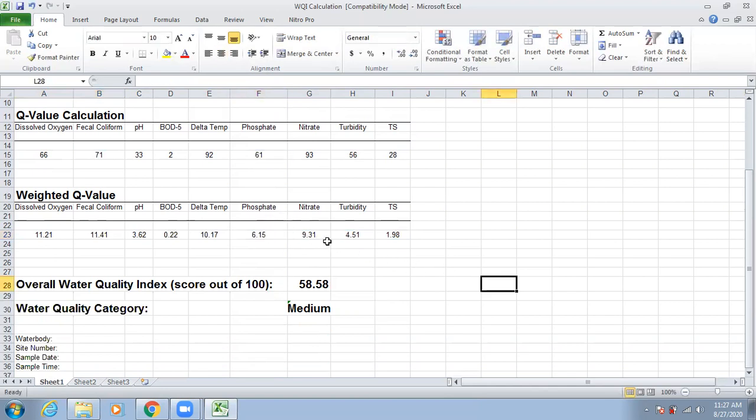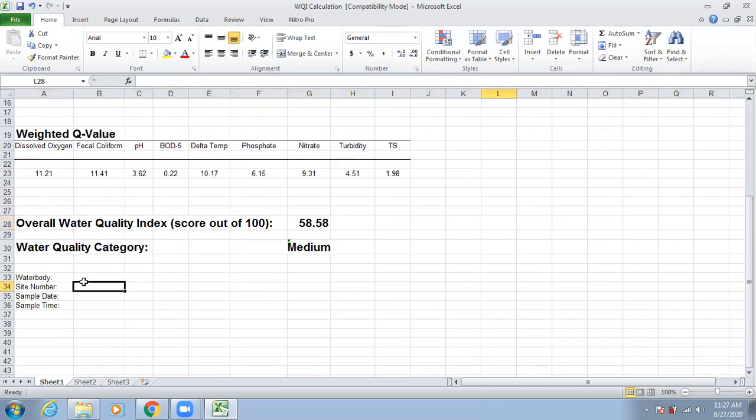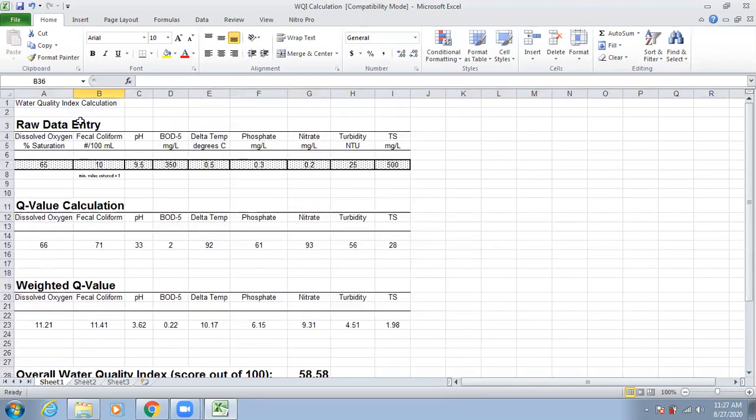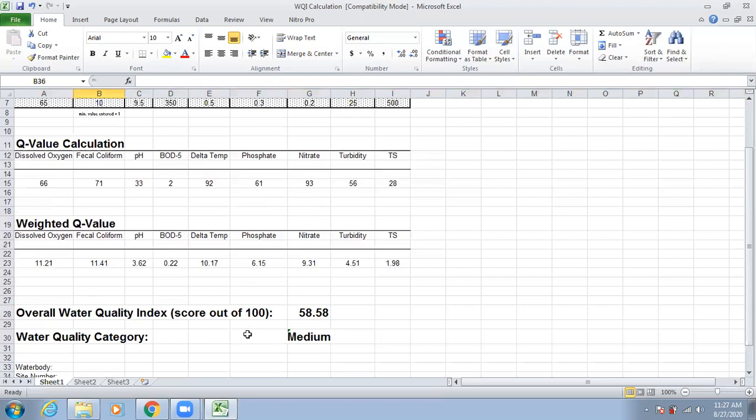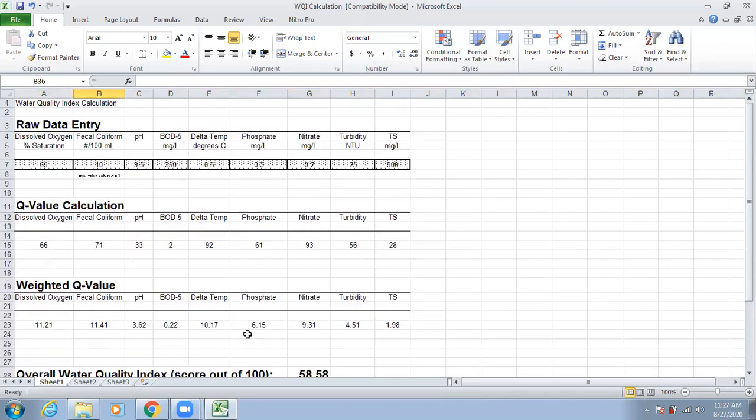So individual is there. By using this sheet, it's very easy. You can put the water body, site number, sample date, sample time, whatever you have. By using this Excel sheet, it's very easy to calculate. And here you can find the water quality index of your sample, whatever you have.